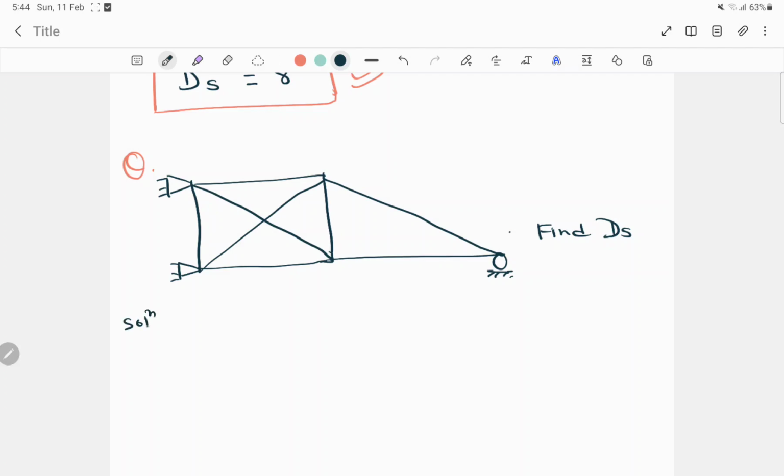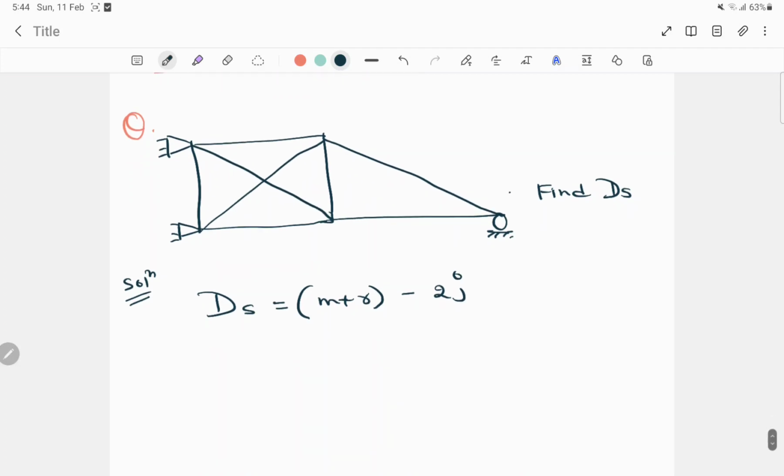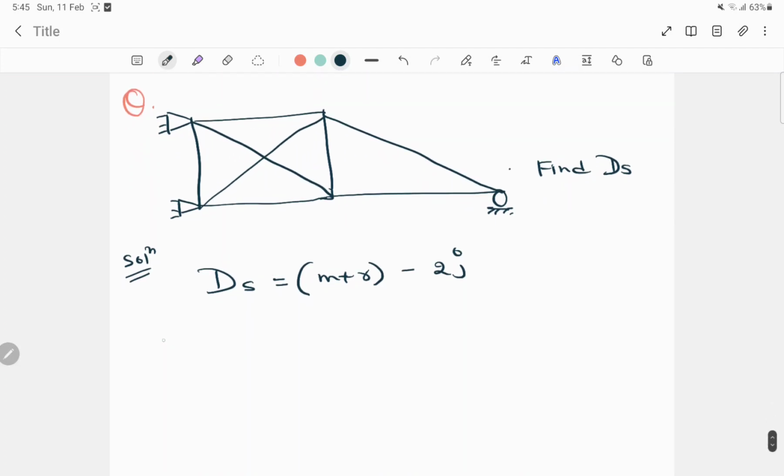We already know the formula for finding the ds value, that is ds is equal to m plus r minus 2j. Here you just have to count the m, r and j values from this plane truss. The number of members here is 1 2 3 4 5 6 7 and 8.